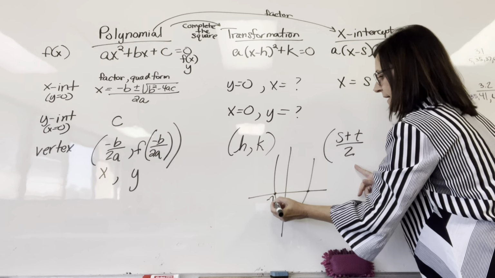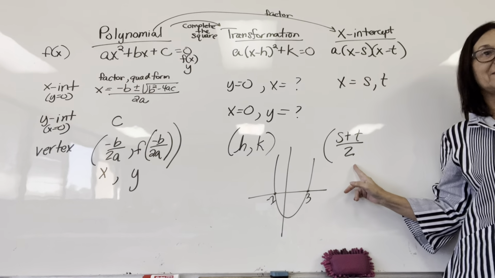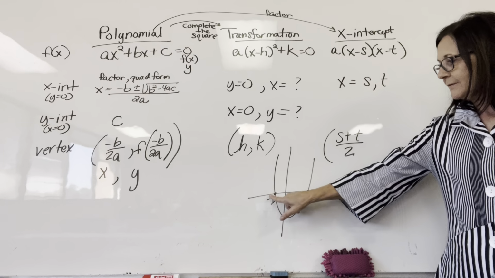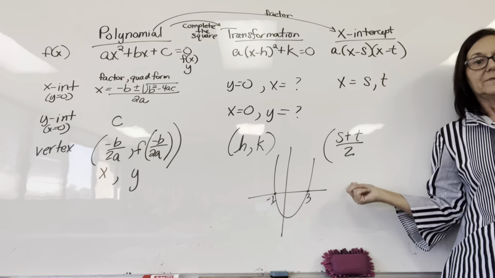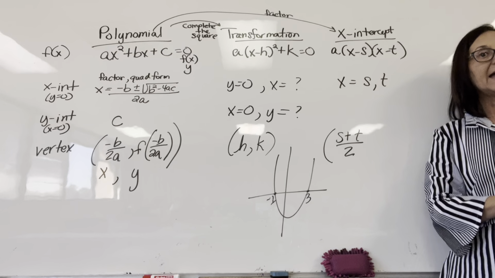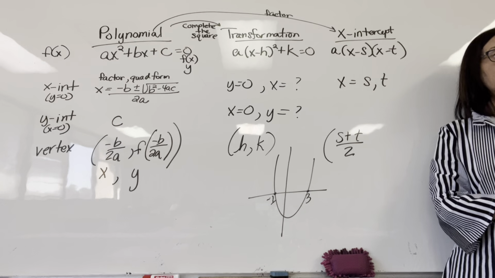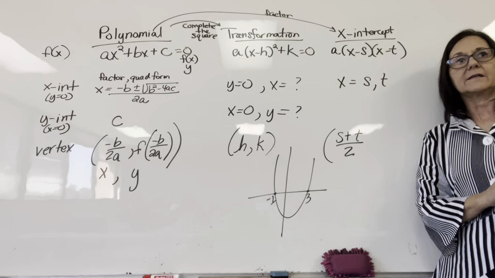Let's just say that's negative 1, and let's say that is 3. Why could I add those and divide by 2 and find the x-coordinate of the vertex?